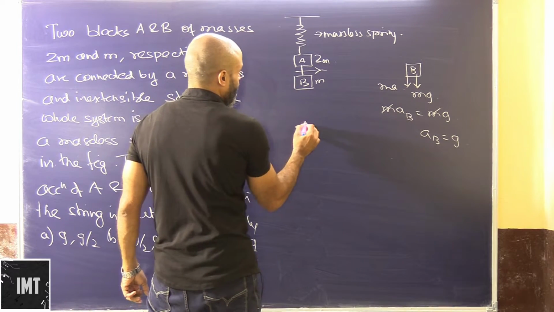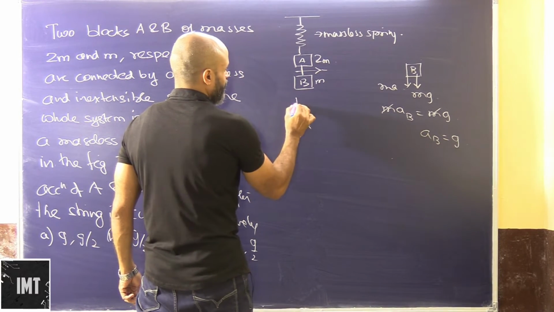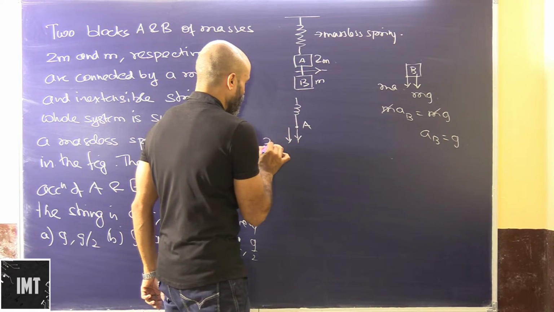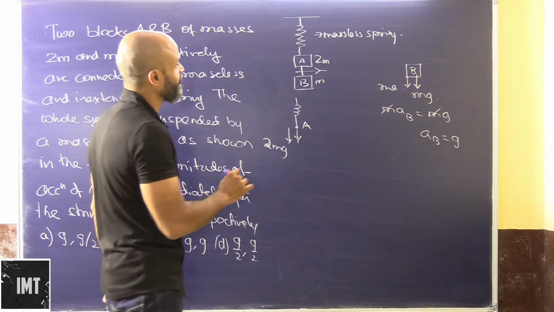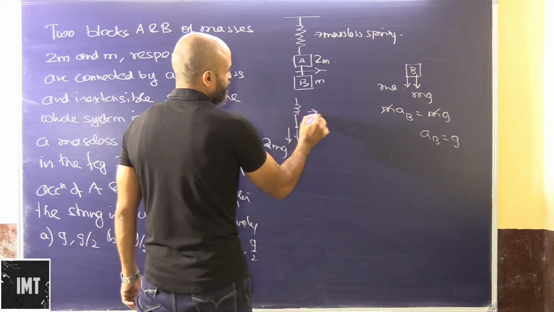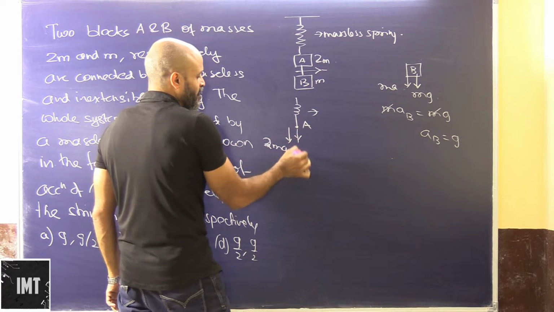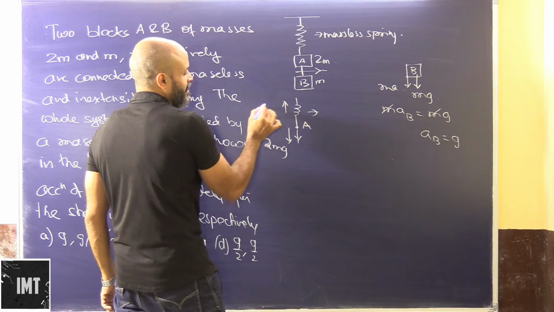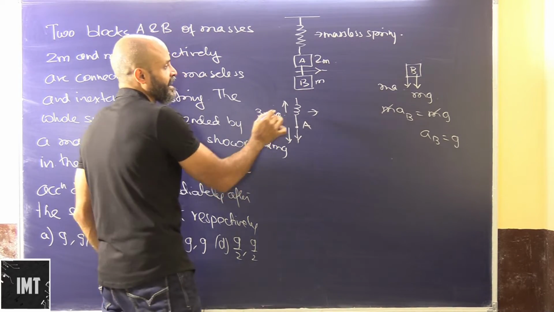So we have A here, which is basically connected by a spring. This is 2 mg, and this is basically a spring. So what is this experiencing? See, the moment you cut this off, so here there was a spring force which was generated, which was of 3 mg.